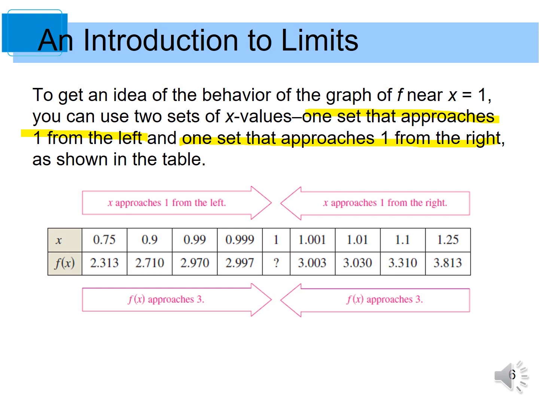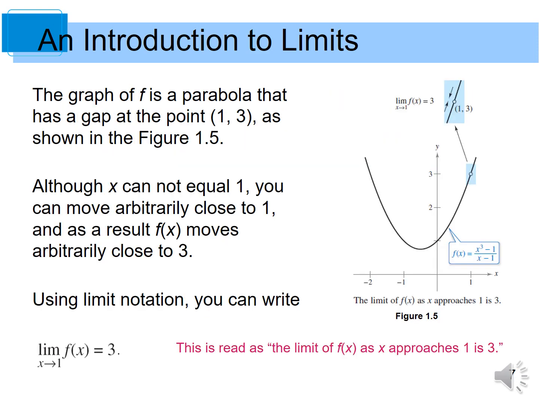From the table, we found that f(x) approaches 3 from the left, and also f(x) approaches 3 from the right. The graph of f is a parabola that has a gap. Here is a gap at the point (1, 3).